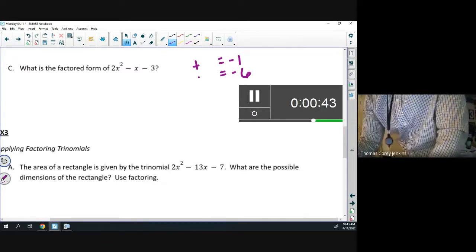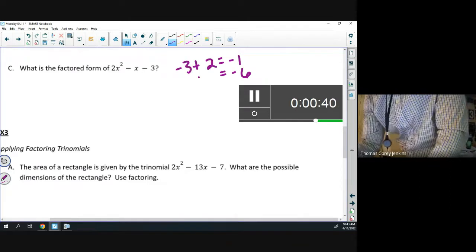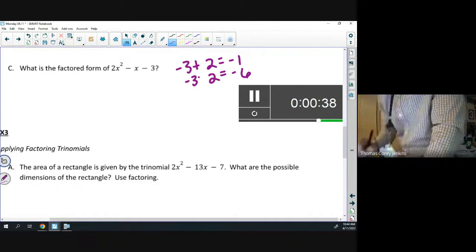So if you weren't able to come up with that yet, see if you know what to do with the -3 and the 2.